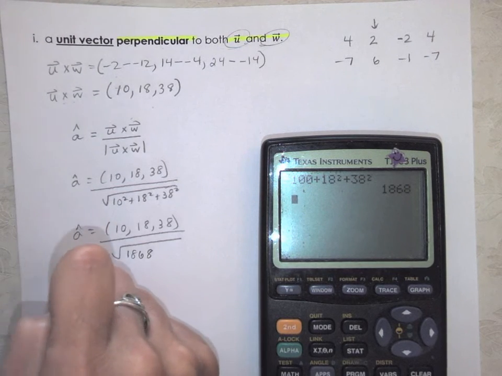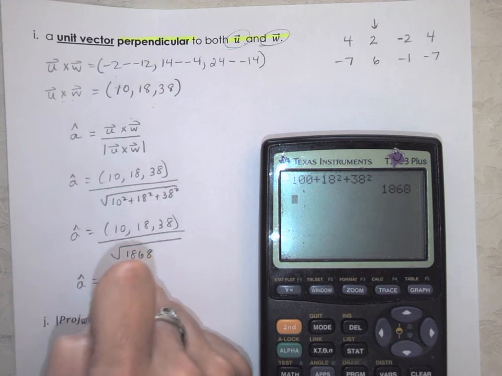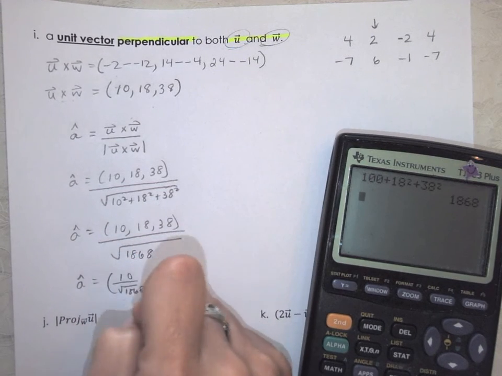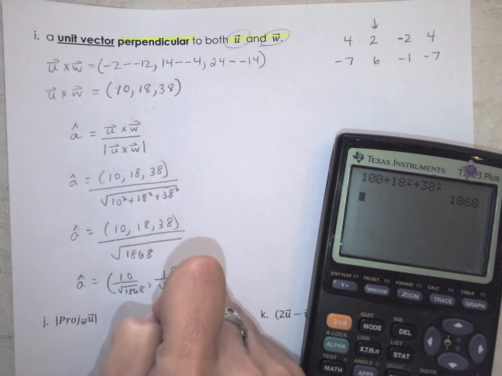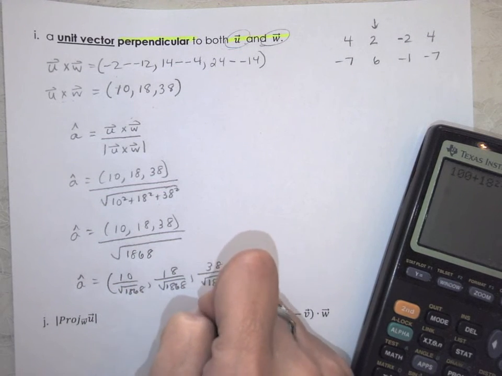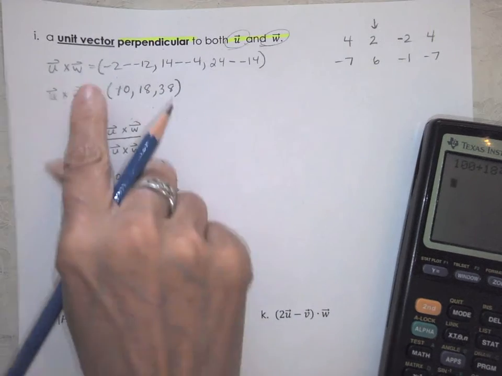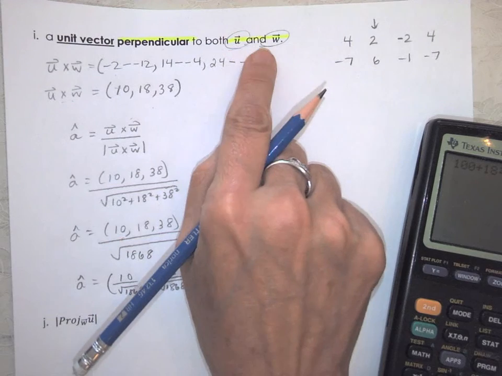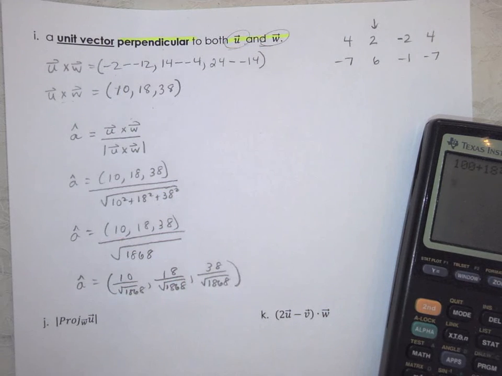So a hat vector is going to be 10 over the square root of 1868, 18 over the square root of 1868, 38 over the square root of 1868. It's a vector, it's a unit vector. So if I found the magnitude of it, it would be 1, and it's perpendicular to both vectors u and w, because by definition, the cross product of two vectors is a vector perpendicular to both of them.